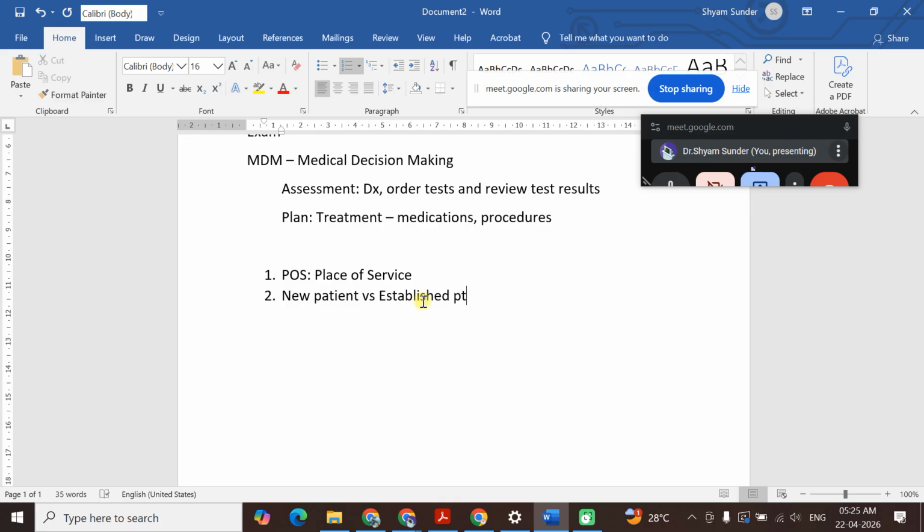In dermatology, his last visit was 2020, and last month he visited orthopedics. But for dermatology, the patient is a new patient again, because for the specialty dermatology, in the last 3 years, the patient didn't receive care.